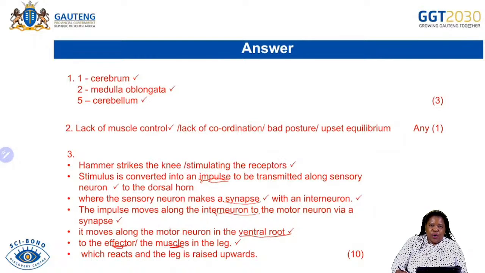When I was hitting you on the knee, obviously the receptor organ should be your leg, whereby you are going to quickly move your leg away from the area where I was hitting you. So it moves along the motor neuron in the ventral root to the effector, or to the muscle in the leg, which reacts and the leg is raised upward. Because you can't just sit still when someone hits you with a hammer, you are going to hurt your leg.